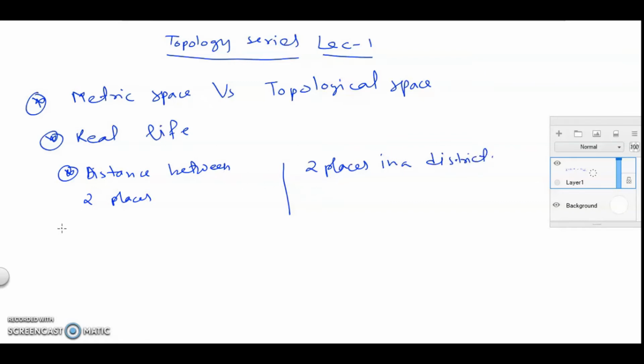Here we have talked about distance, and here we have talked about neighborhoods.